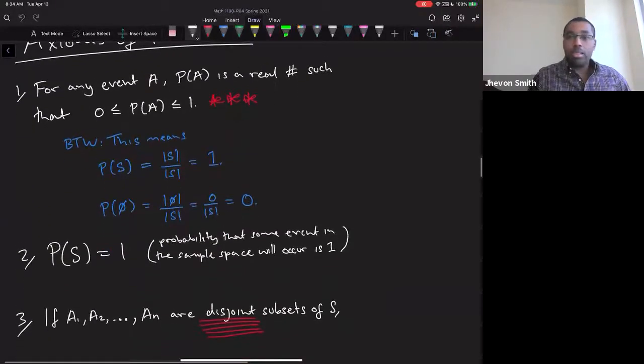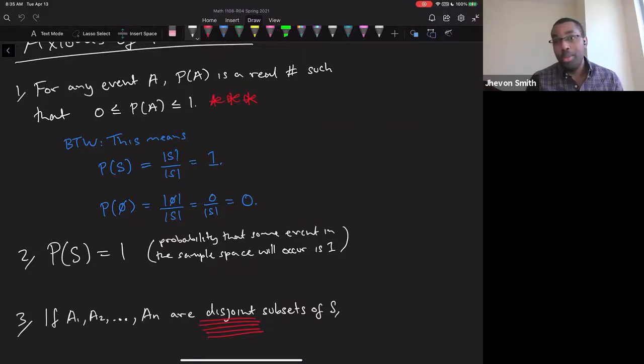We also had axioms of probability. So there are 3 basic axioms that we will consider to be true at all times. The probability is always a number between 0 and 1 inclusive. The probability of the entire set is 1. The probability of the empty set is 0, always. The probability of other events might be 0 as well, but those two at minimum are 0 and 1 respectively.